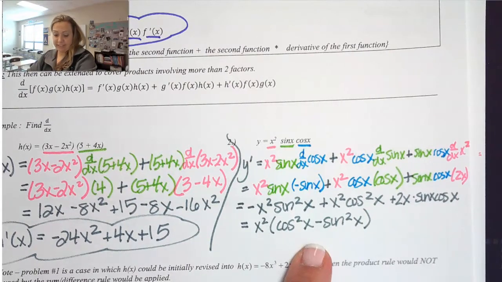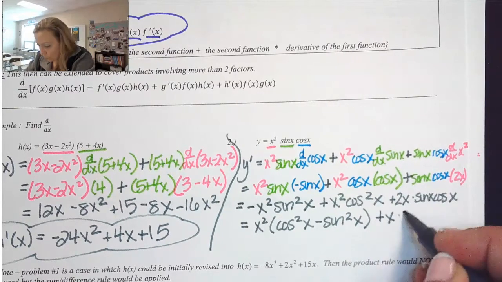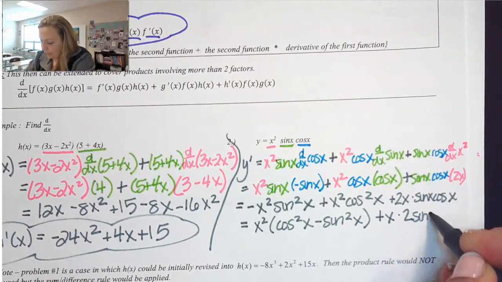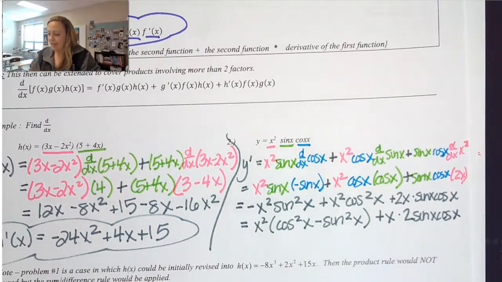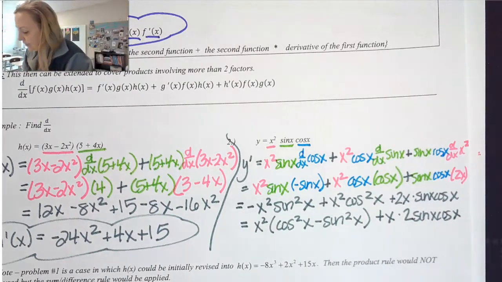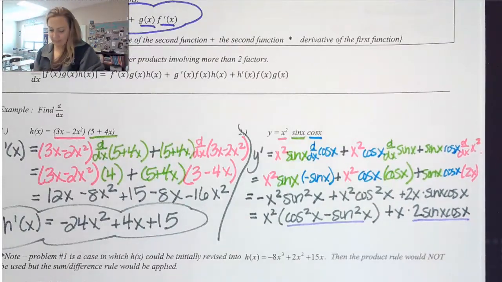That's double angle, isn't it? That's the double angle formula for cosine. Speaking of double angles, sine x cosine x is a double angle when that's doubled, right? When we have 2 sine of x cosine of x. And so what I can do is realize that these are double angle formulas.